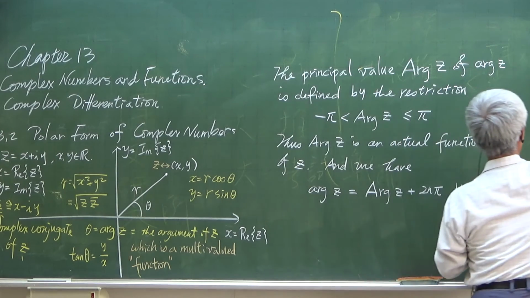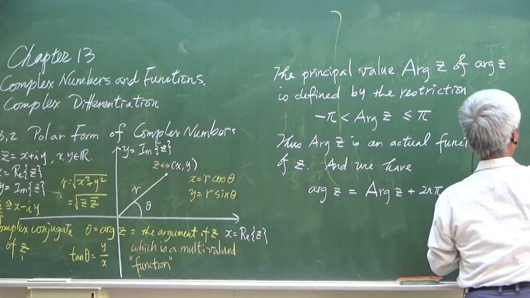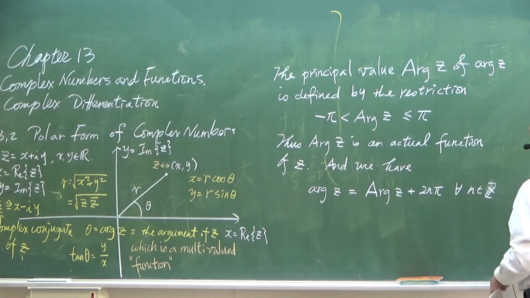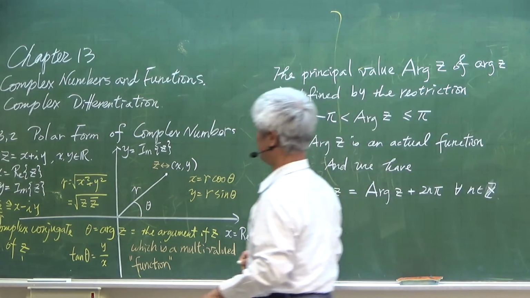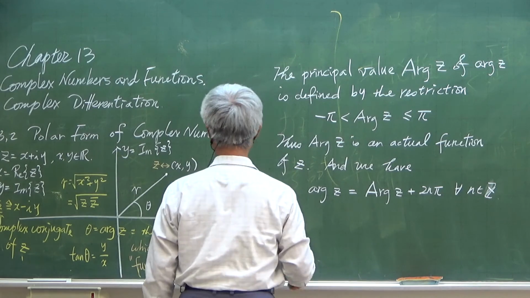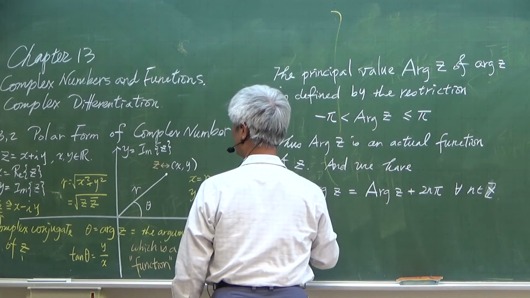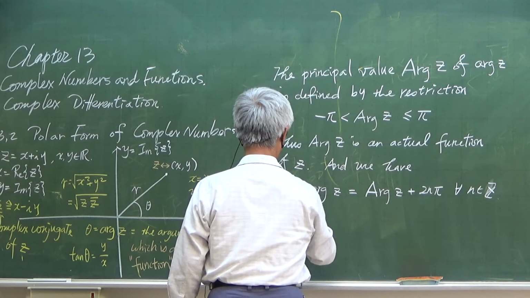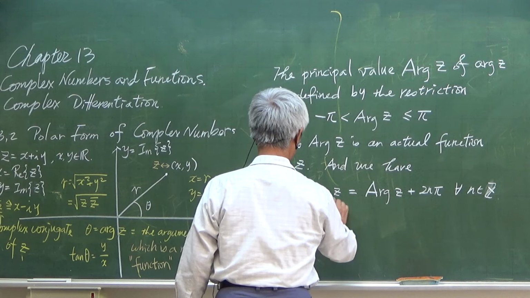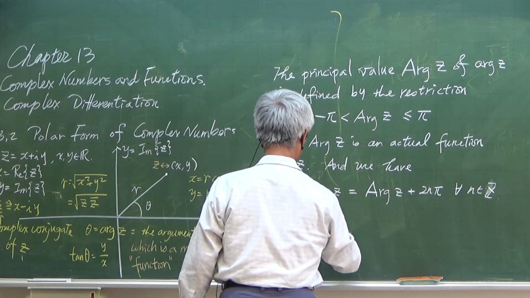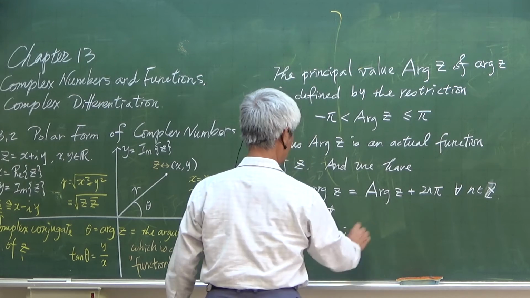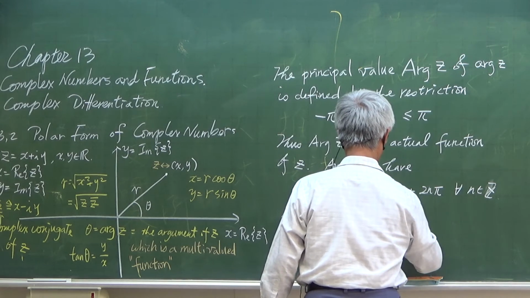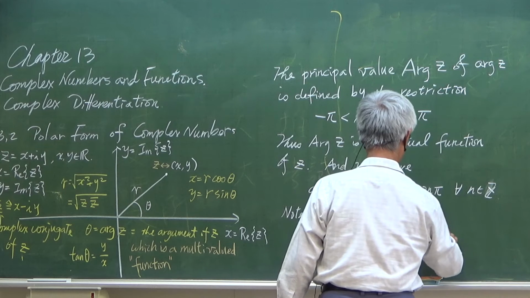Okay, a simple fact is that. All right. So now, note that z can be written as r cosine theta plus i sine theta.